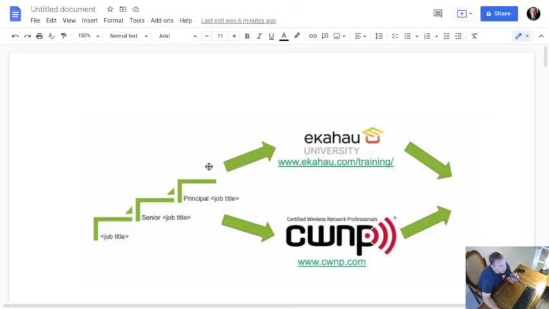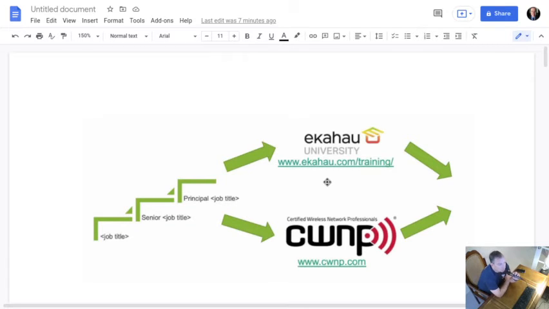Okay, so the wireless industry has matured greatly. And these two organizations, the CWNP and Ekahau, have stood out as the leaders for the formal training in wireless network engineering.